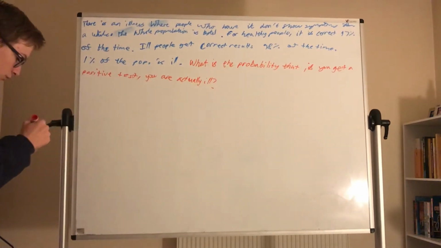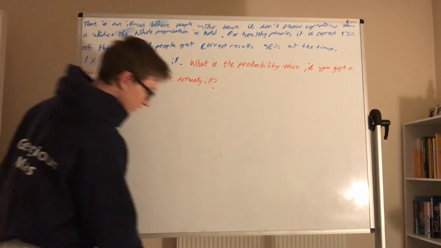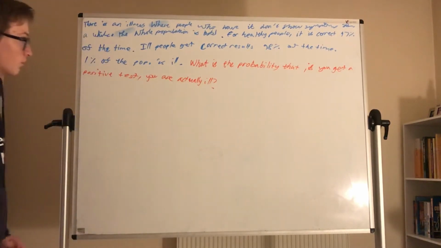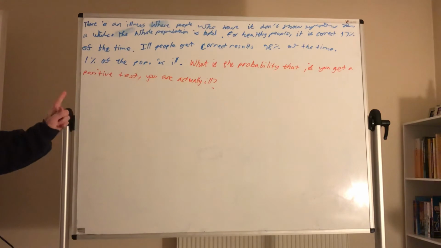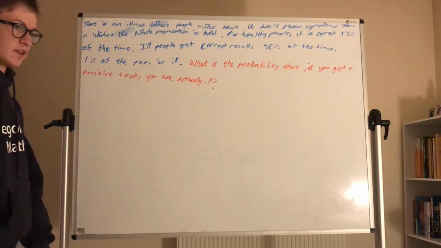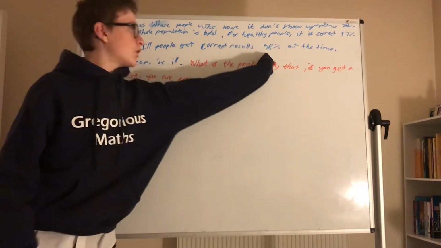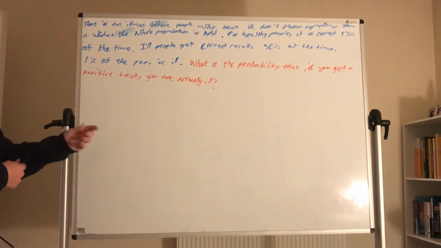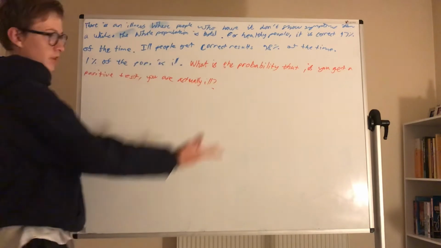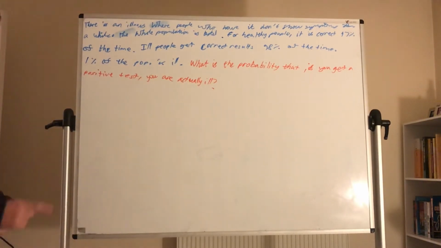Alright, that's the problem. Now, this is actually quite a counterintuitive problem, because you would think that it's going to be quite high, somewhere near 90%, because for ill people, it works 98% of the time, and for healthy people, it only fails 3% of the time, so it should be quite high.